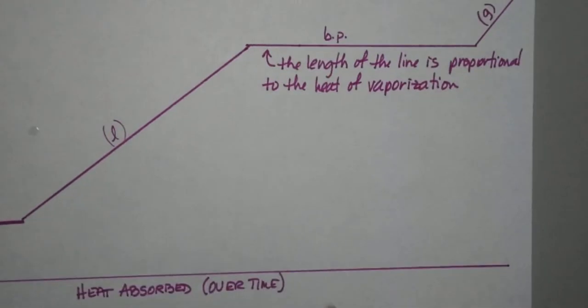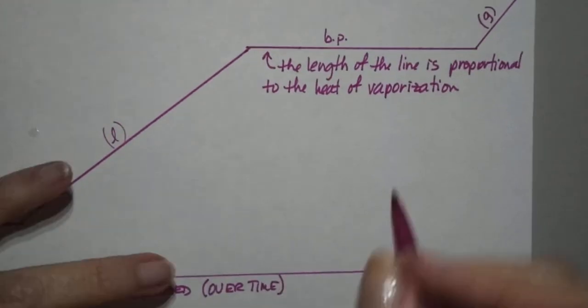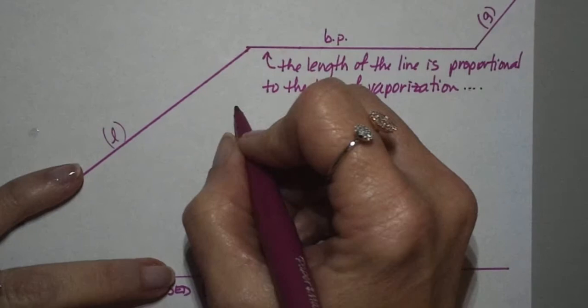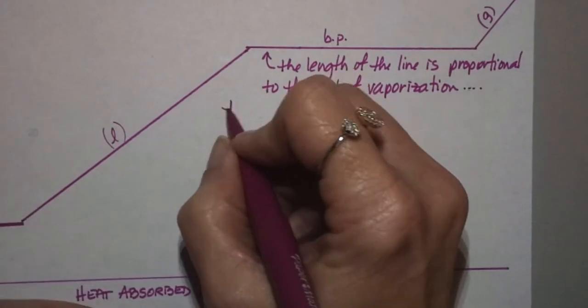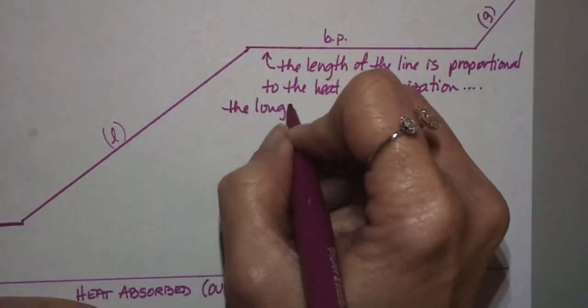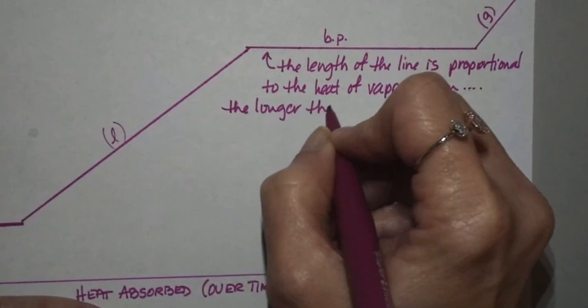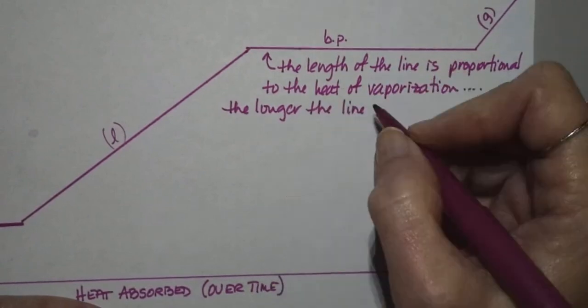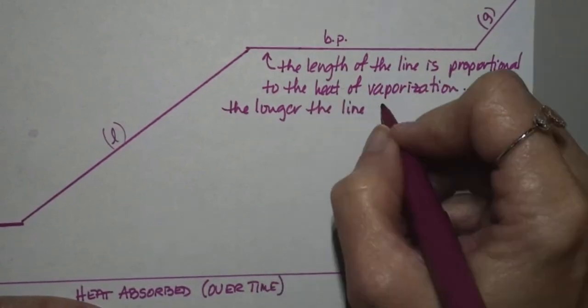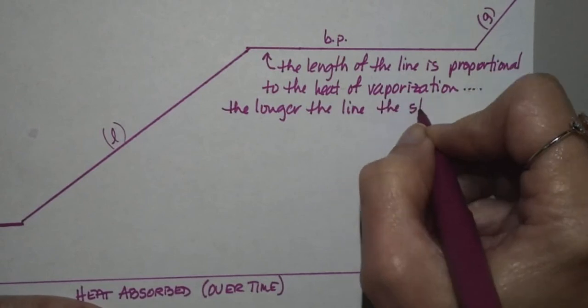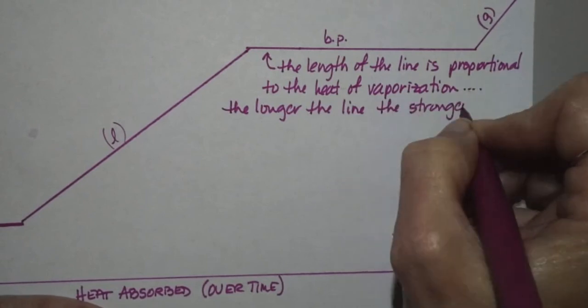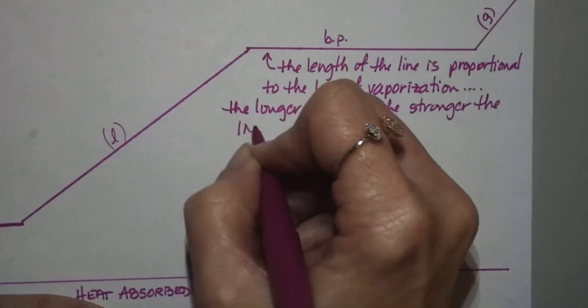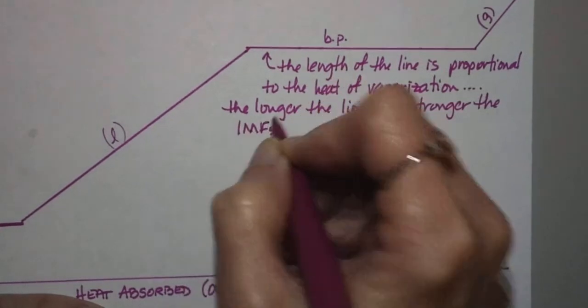So the longer the line, the stronger the IMFs. Okay, that's a big deal there.